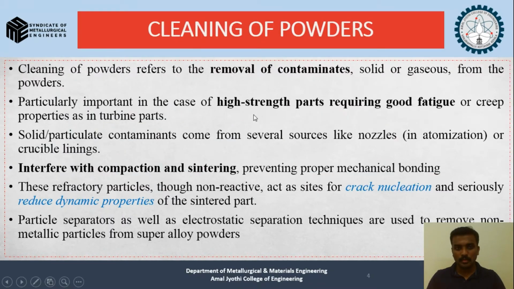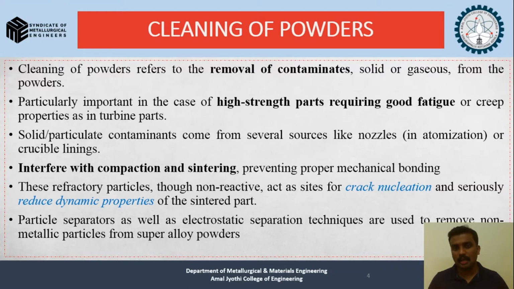So next is an important topic when it comes to powder metallurgy, that is the cleaning of the powder. Cleaning of powder refers to the removal of contaminants, that is, unwanted particles or unwanted things in the powder, in solid or gaseous form. It is particularly important in the case of high strength parts requiring good fatigue or creep properties, like turbine blades.